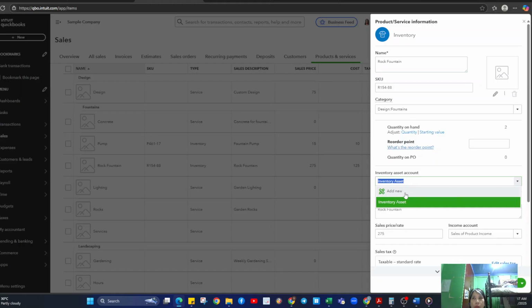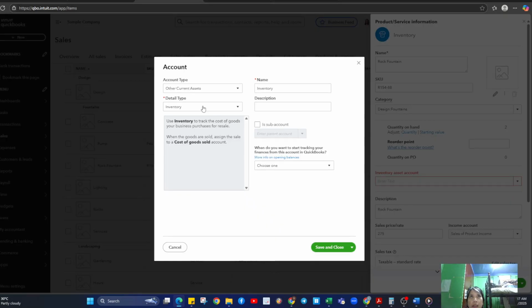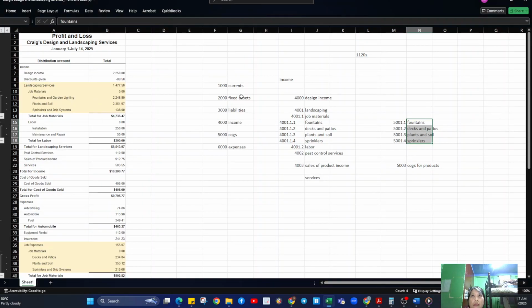Like I mentioned earlier, if we're going to tweak the chart of accounts, we have to put numbering. So we could add here the description, like if the inventory would fall under 1,000, current asset, it could be 1,200 for inventory.